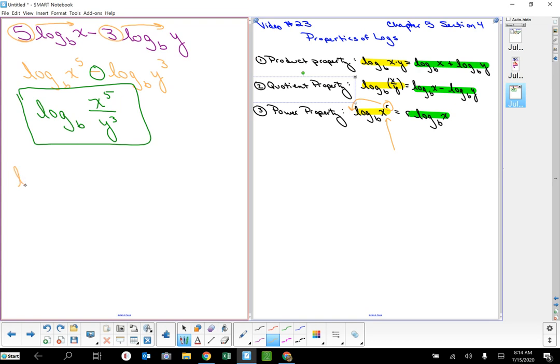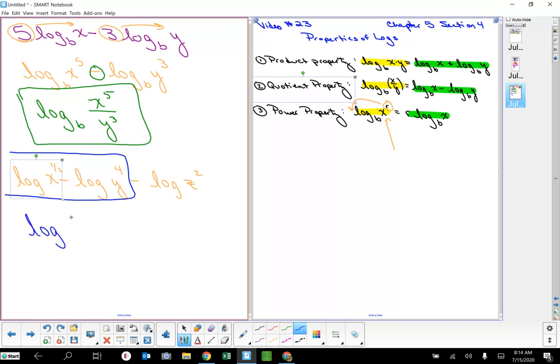So let's go log x to the 1/2 minus log y to the fourth minus log z to the second. All right, well, we'll take these first two and deal with them first. So that means division, right? So I have log x to the 1/2 over y to the fourth.